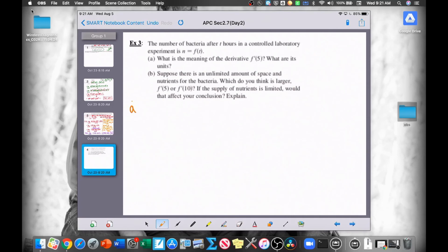Well, let's think about what derivatives are. Derivatives are rates of change. So we would say the derivative f prime of 5 is the rate at which the bacteria population is changing.